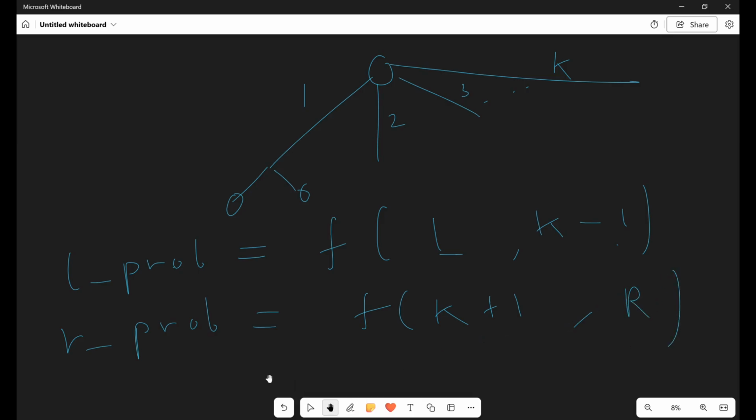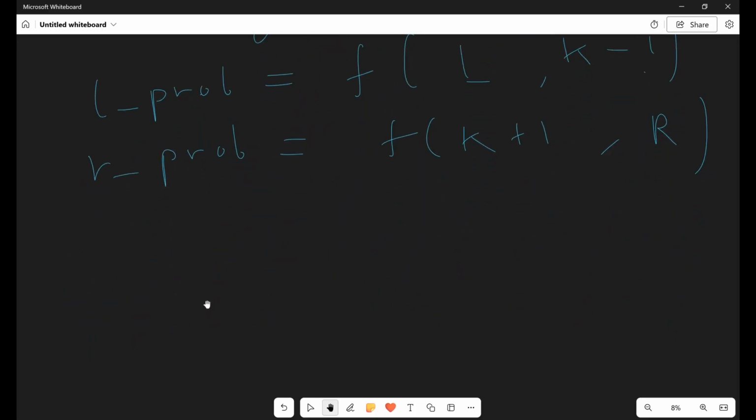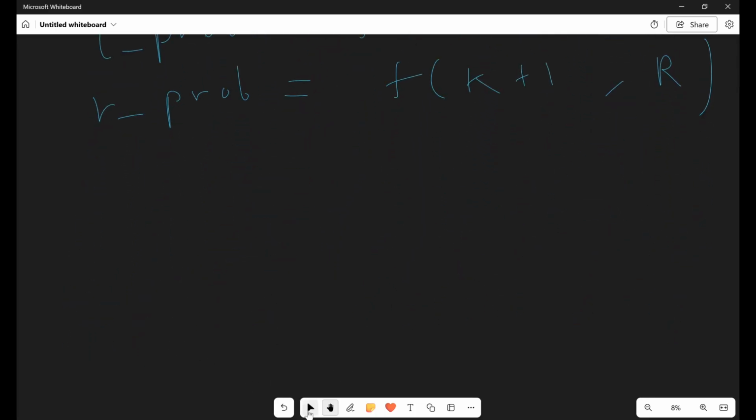Now let's try to define my original problem in terms of my left and right subproblems.